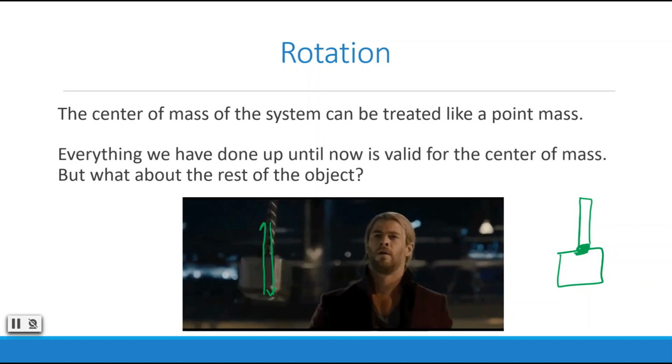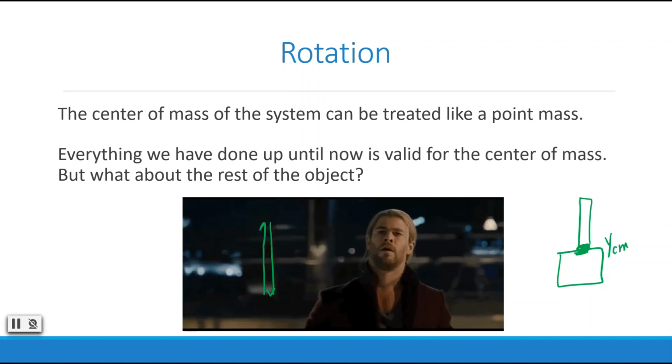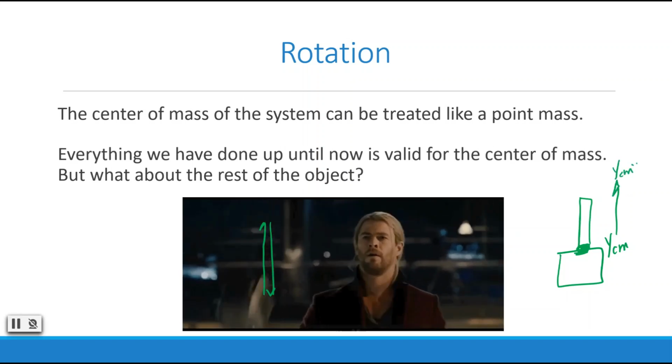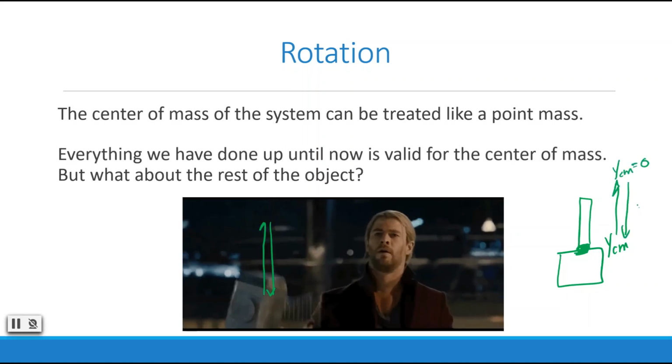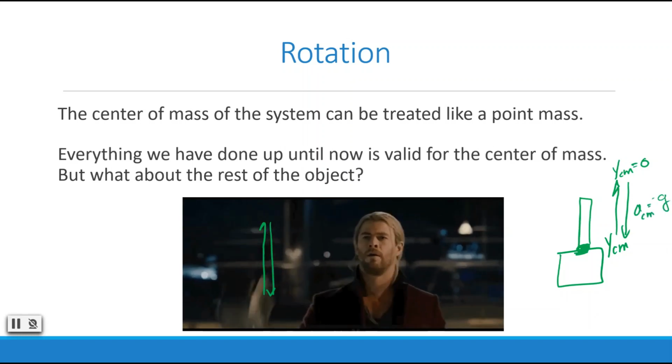You could describe the motion of the center of mass, the position as the y position of center of mass. It goes up. It has a velocity of 0 at the top. It comes back down. The acceleration of the center of mass is going to be negative g.